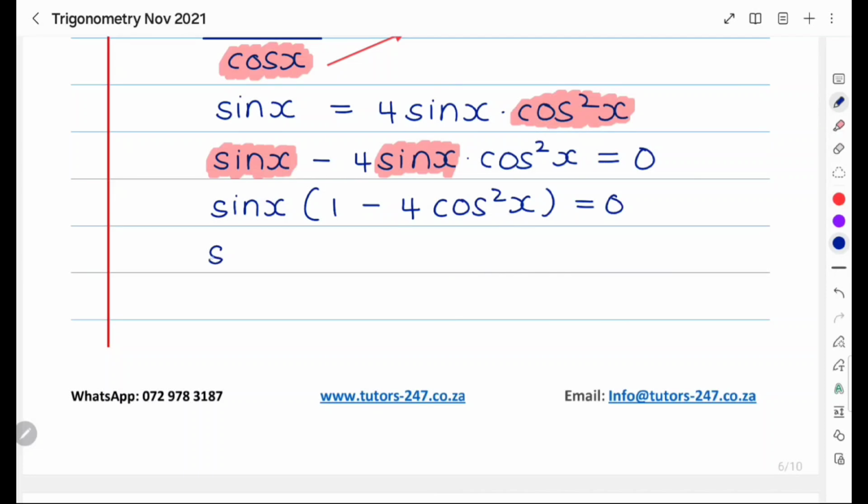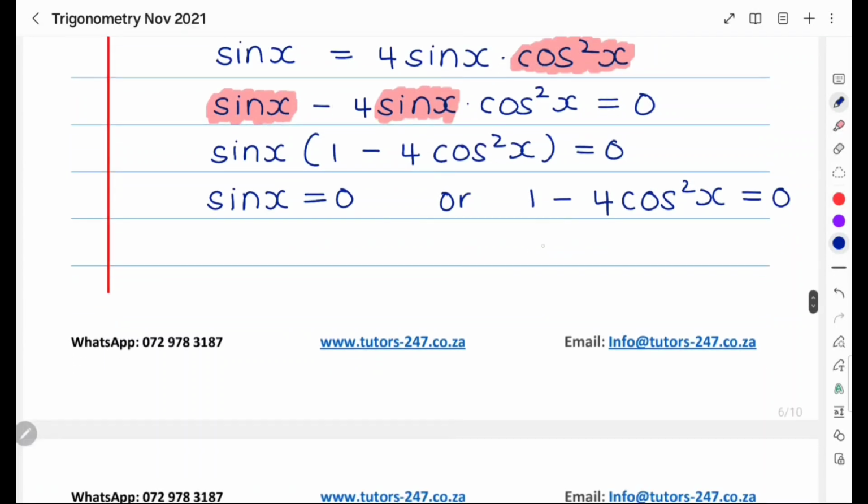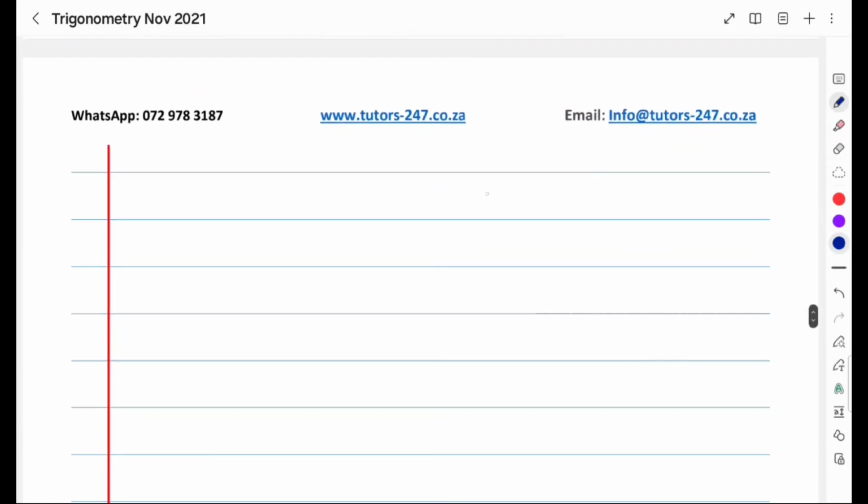We can separate them and have sine x equals 0, or 1 minus 4 cos squared x equals 0. We can take 1 to the other side, making it minus 4 cos squared x equals negative 1. We can divide both sides by negative 4, giving us cos squared of x equals 1 over 4.